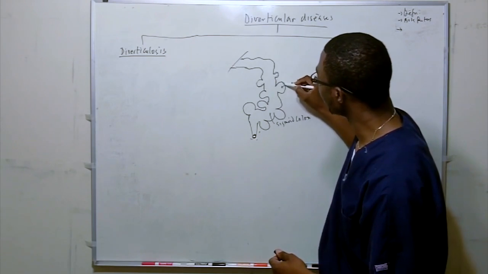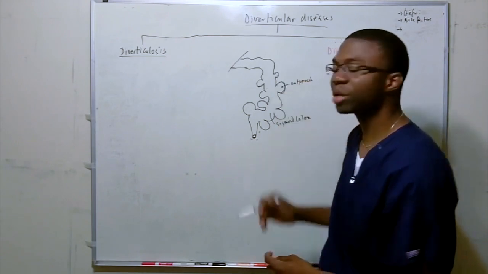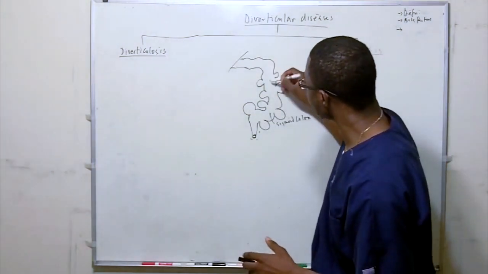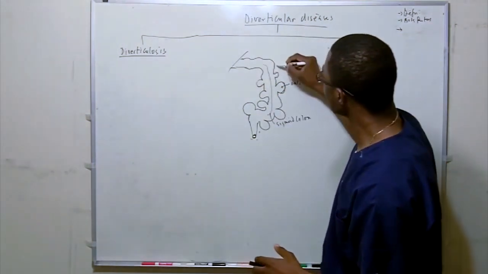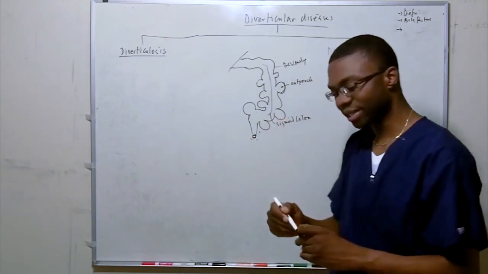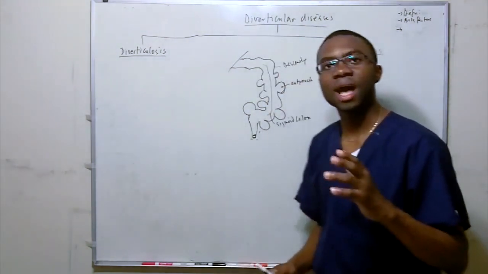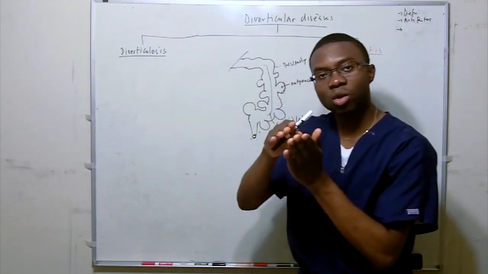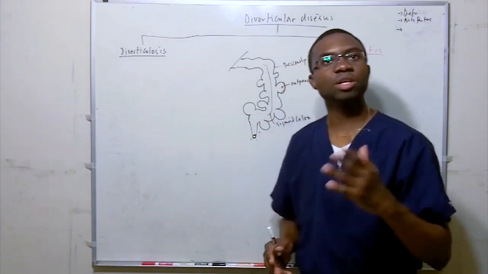They're not normal, but they form because of a lot of intraluminal pressure around this area. This is your descending colon, and this is the sigmoid. This most commonly happens around the sigmoid because it's the most narrow part of the colon, and it gets too much pressure. Something like this.